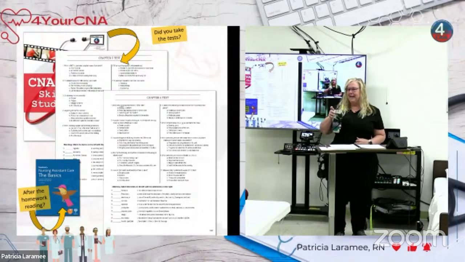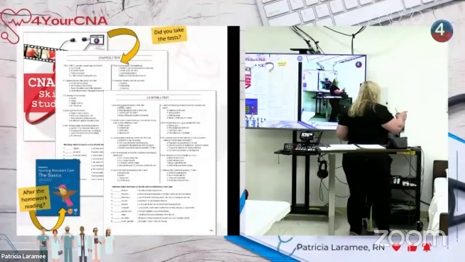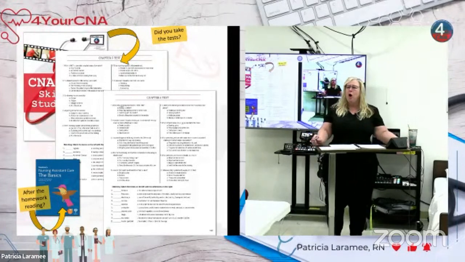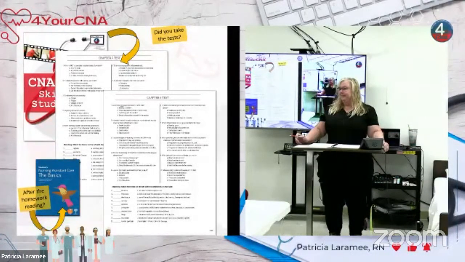We want A and O. A and O means alert and oriented. You are A and O. You're alert and you're oriented. You know where you are, when you are, and why you are. Okay. Person, place, and time. So we like that.